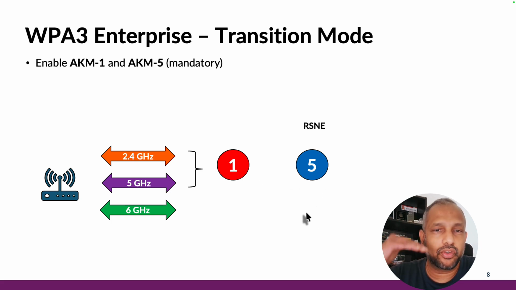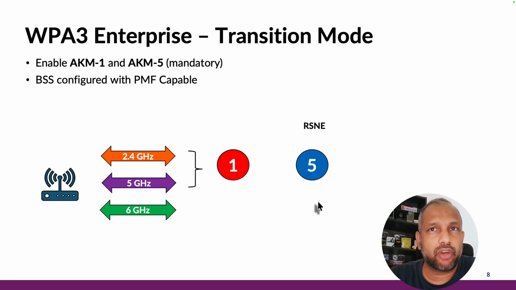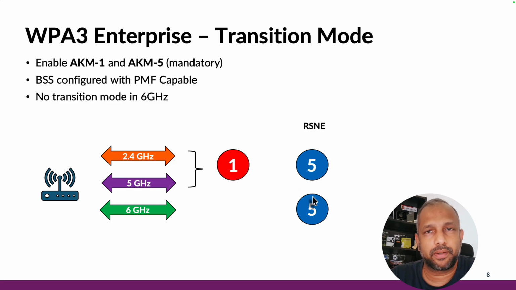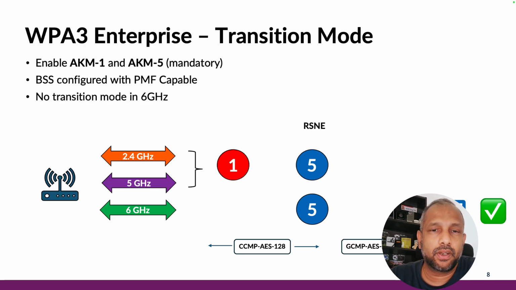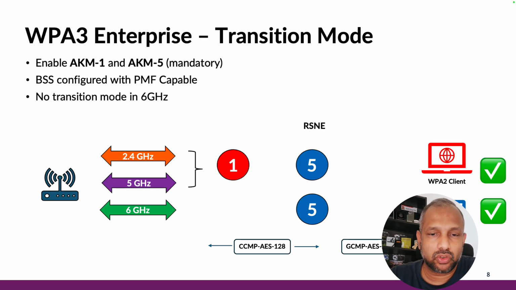So even if you configure the SSID like this, from the controller's point of view, it will only push AKM value 5 for the 6 GHz band. So there is no transition mode in the 6 GHz band. In this setup, you will be able to connect WPA2 and WPA3 clients. Let me go to my controller, walk through it, and show some client connectivity as well.